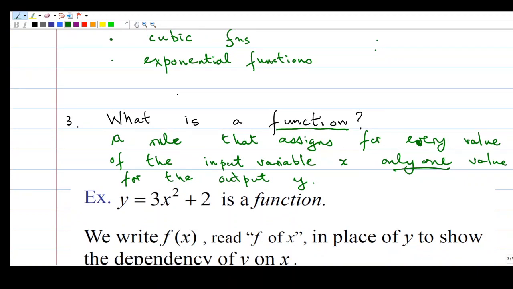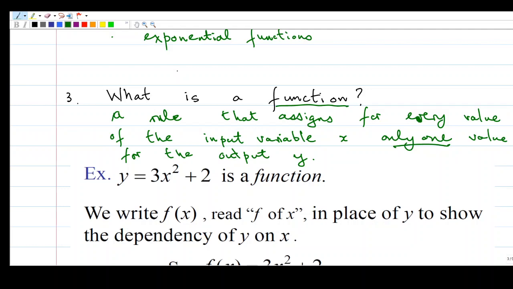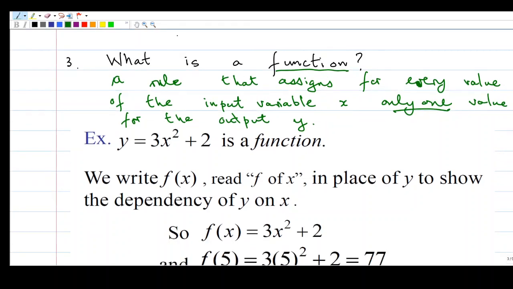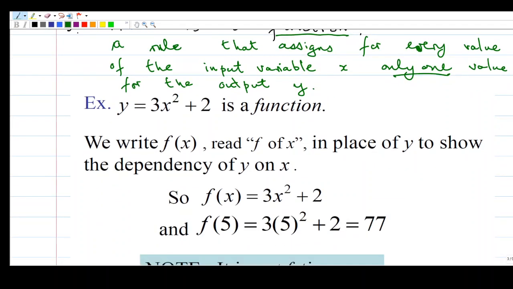y is equal to 3x squared plus 2 is a function. We know that it's a quadratic function. It defines a quadratic function. We write f of x in place of y to show the dependency of y on x.